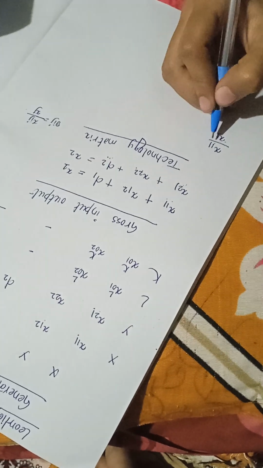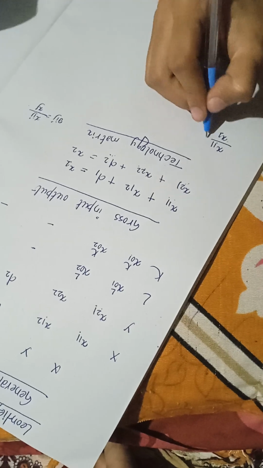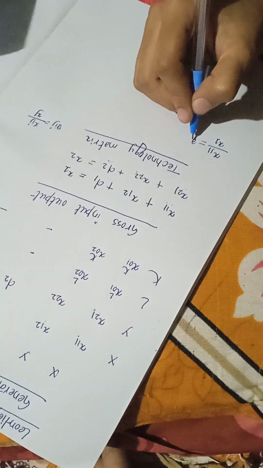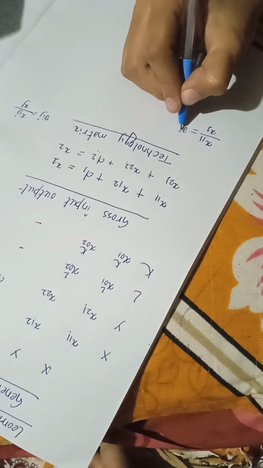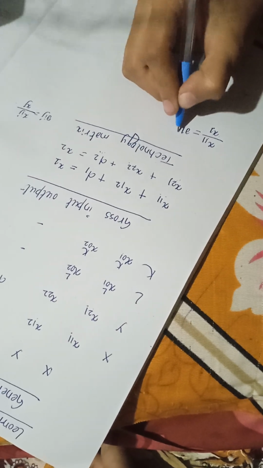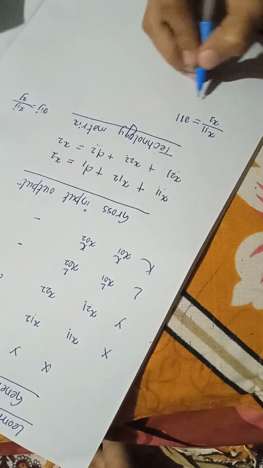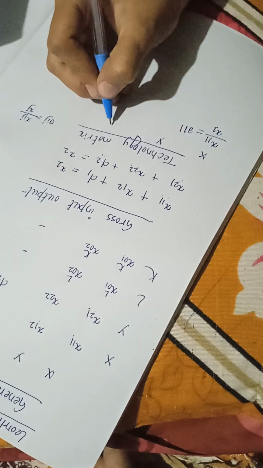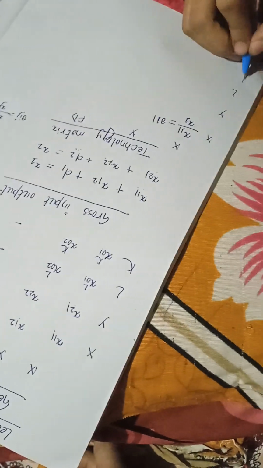Output of first industry used by first industry divided by total output of first industry equals the amount of input of first industry for first industry. Here I am writing X, Y, final demand, X, Y, labor and capital.